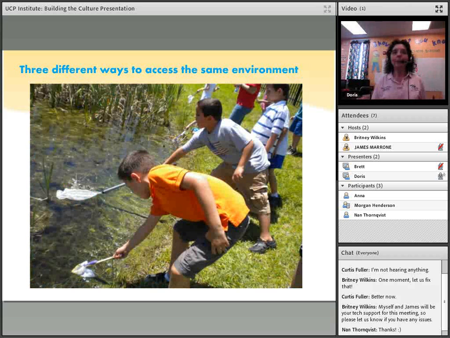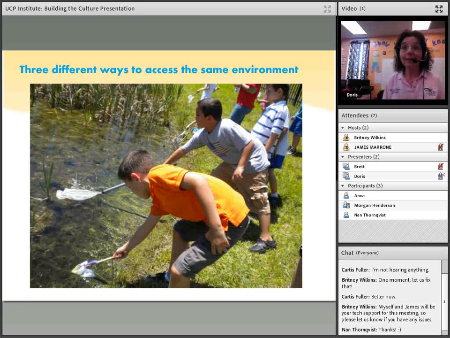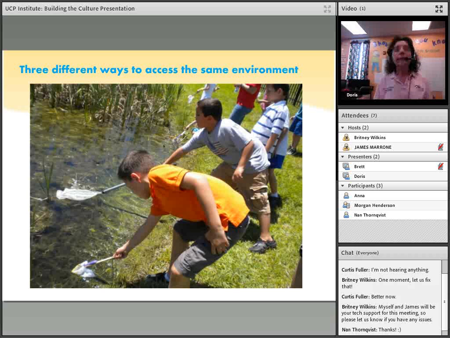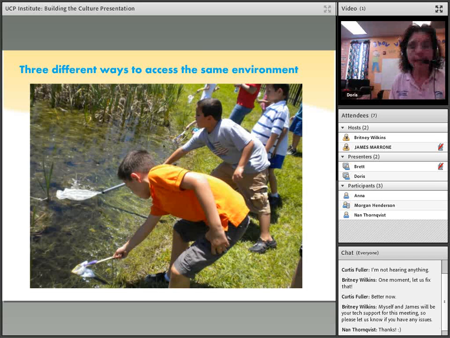Now we're going to talk about children accessing the same environment in 3 different ways. Yes, and you also realize that learning doesn't take place just within the 4 walls of your classroom.